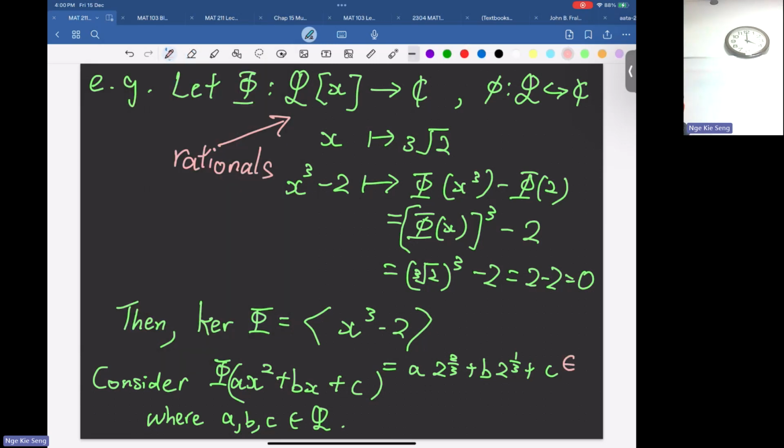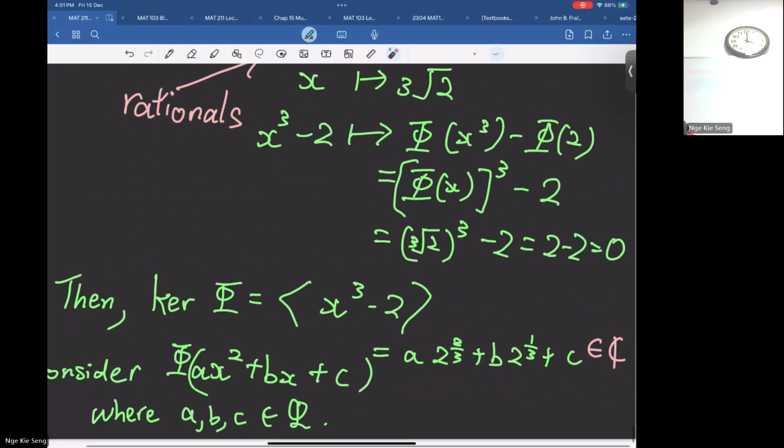So these are rational. Can you find a rational that you multiply with an irrational and then solve this? Let me think how to say this. One thing I want to say is that 2 to the 2 over 3, 2 to the 1 over 3, and 1 are linearly independent.